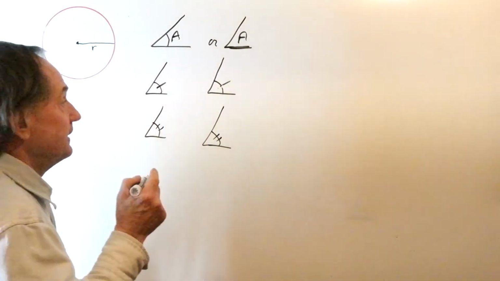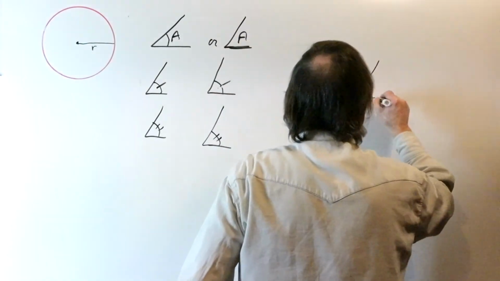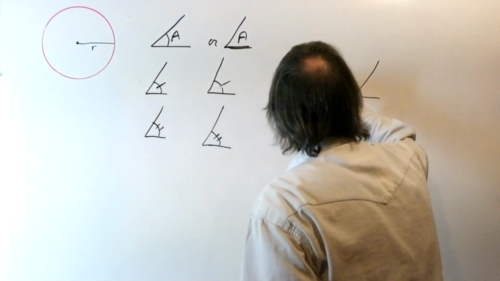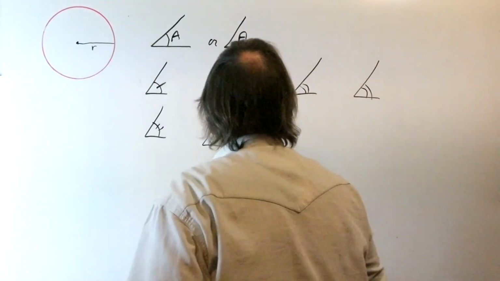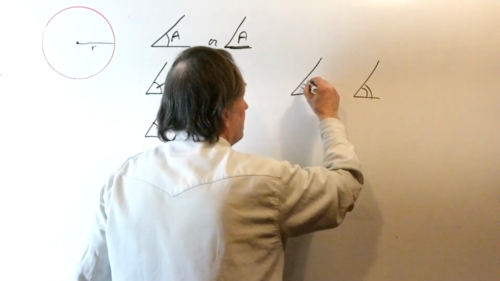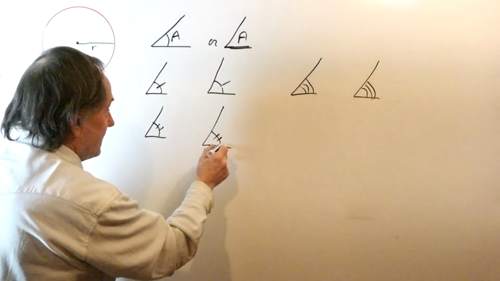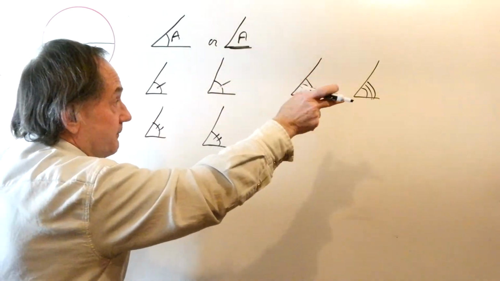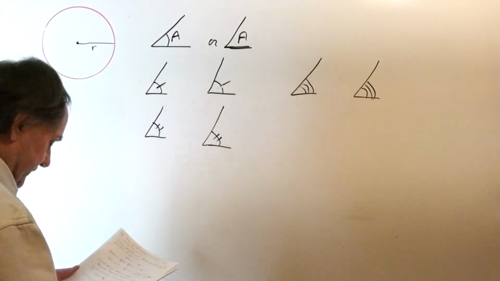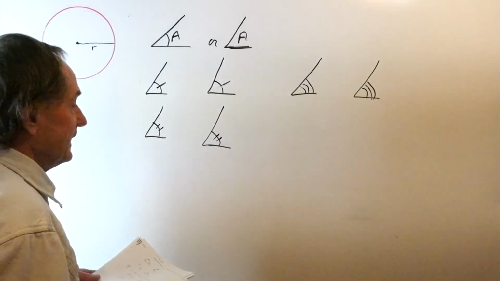Another way it's done is if I have 2 angles and I want to differentiate it from this angle, we could put several arcs there. But that gets a little messy if you have more than 3. If you have 3 different angles, it gets rather messy. It's better to use the tick marks when you're trying to designate more than 3 types of angles. But I'll use those interchangeably.